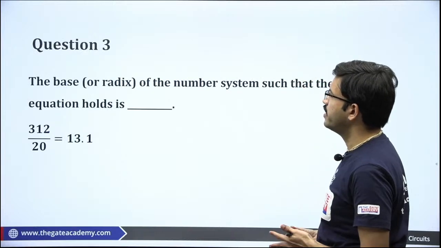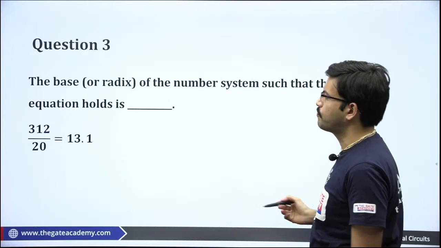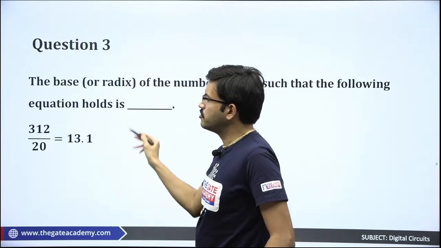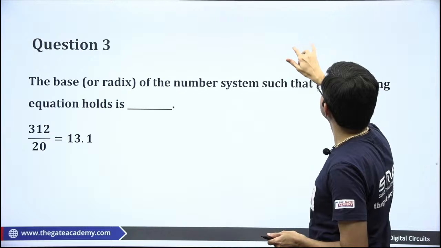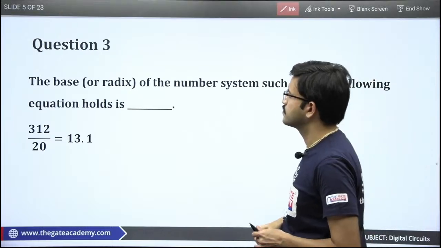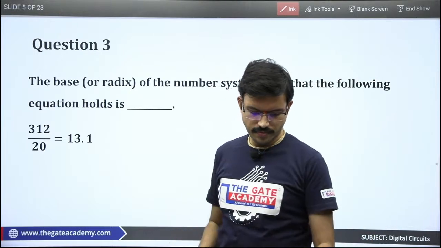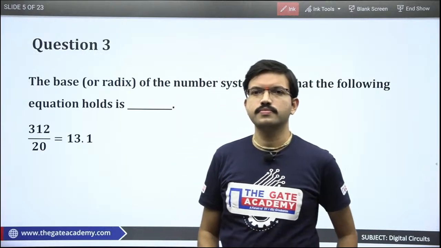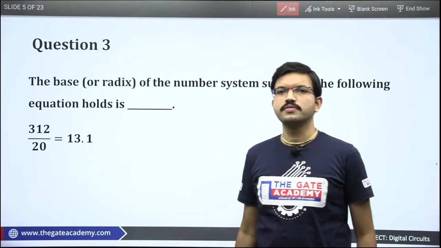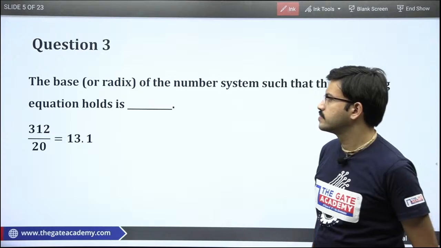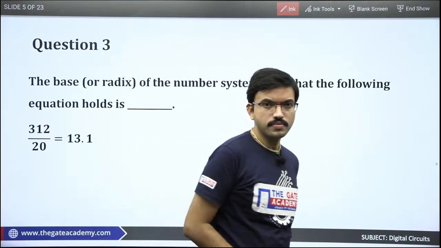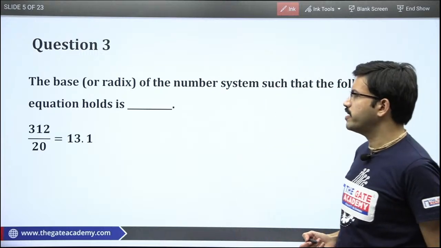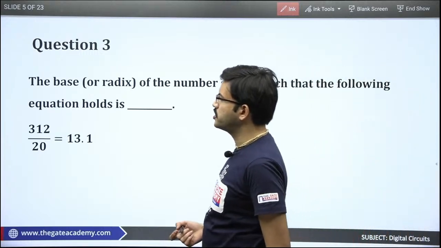Next question. Here you are supposed to find the base. They have given one equation like this, and they are asking for the corresponding base. Three one two divided by 20 equal to 13.1.